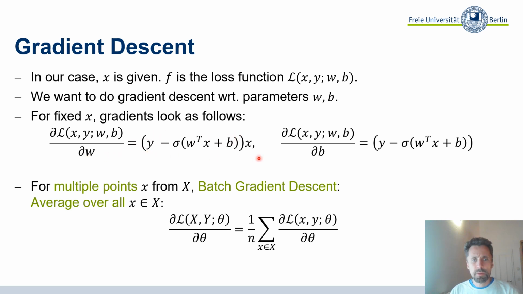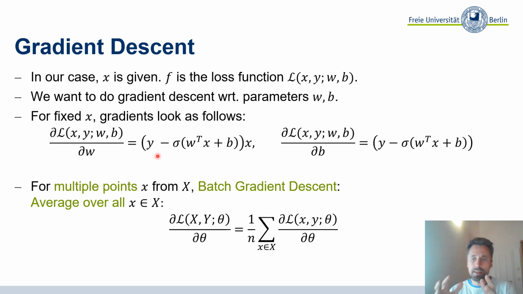And it's also something that's kind of meaningful in the way that we have our labels, and then we have a comparison with our prediction, and that kind of gives us the sign in which direction we walk. So usually we don't do this point by point or sample by sample.